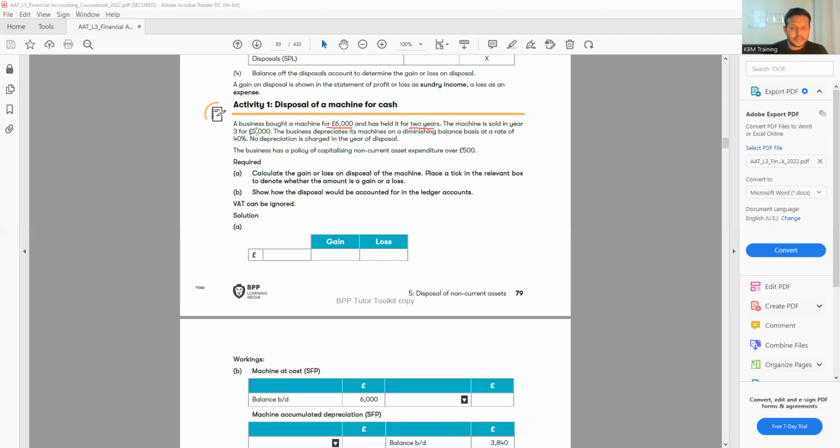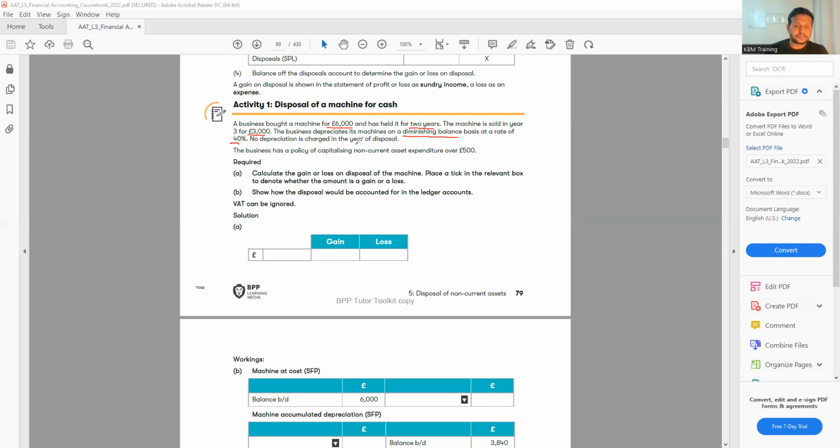The business depreciates its machine on a diminishing balance basis at a rate of 40%. If you don't know what diminishing balance is, that we have done last week, you need to make sure you revise. We have 2 types of depreciation method. One is straight line and one is diminishing balance. It's quite straightforward and easy, but you have to revise chapter number 4 if you forget that.